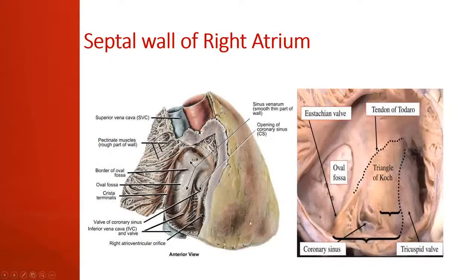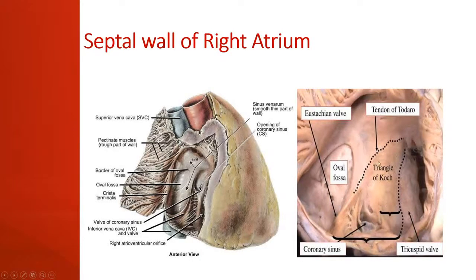Let's see it. We can see that this saucer-shaped, depressed area is the fossa ovalis. The margin is quite prominent, which is called the limbus fossa ovalis, and we can see that in front of the fossa ovalis there is a very faint triangular area bounded by the tendon of Todaro and the tricuspid valve itself.